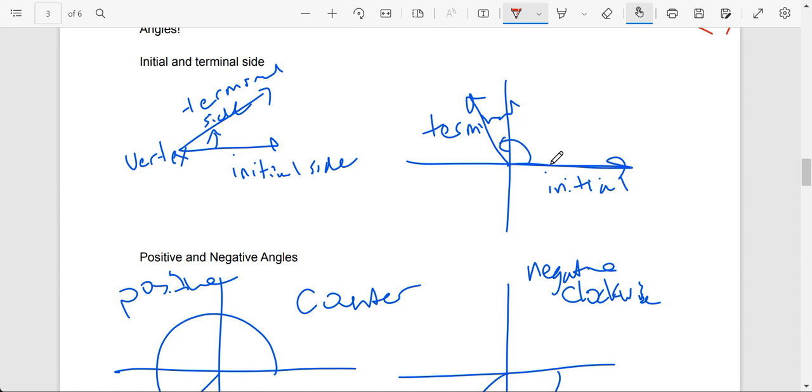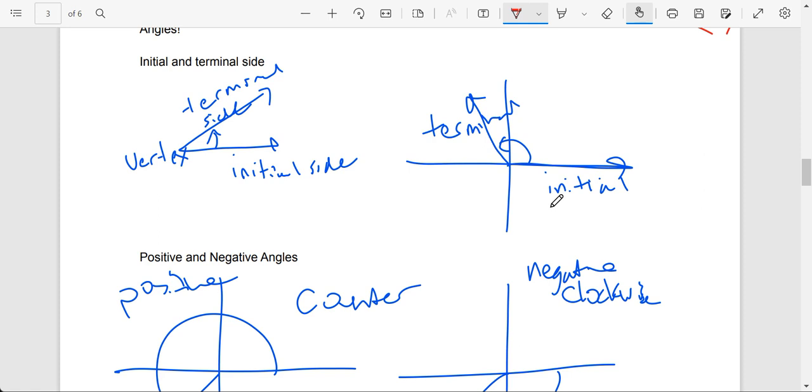Here, once again, this is on a coordinate plane, which you're going to see a lot of in this chapter and the chapter after. So initial is usually going to be right here just about at every moment. And then the terminal is the other one that's moving around. I made a terminal right here.